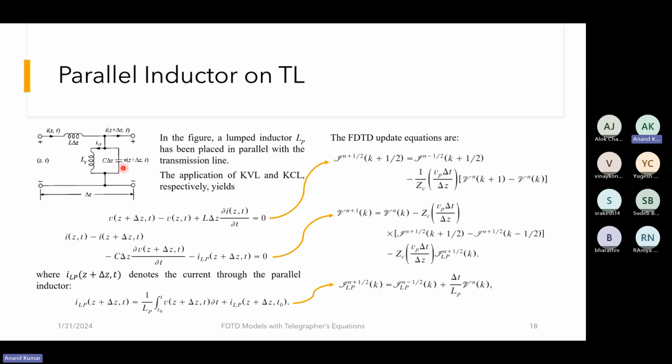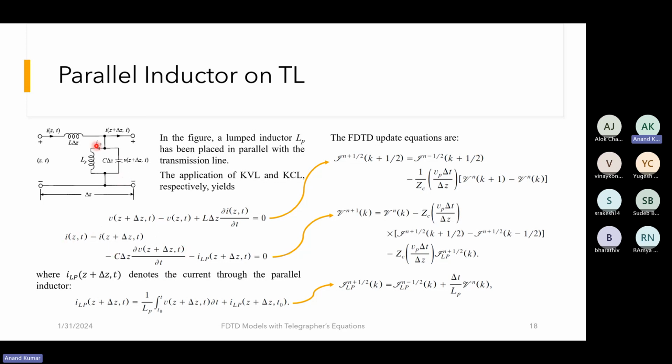But for Kirchhoff's current law, at this particular node we now have two branches, and the third branch is this one. So the current flowing through this branch minus the current which went through the lumped inductor, minus the current which went through the distributed capacitor, and minus the current in the final branch. This is the expression we get from KCL.